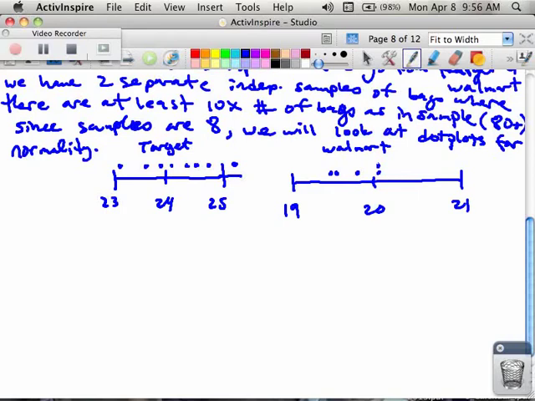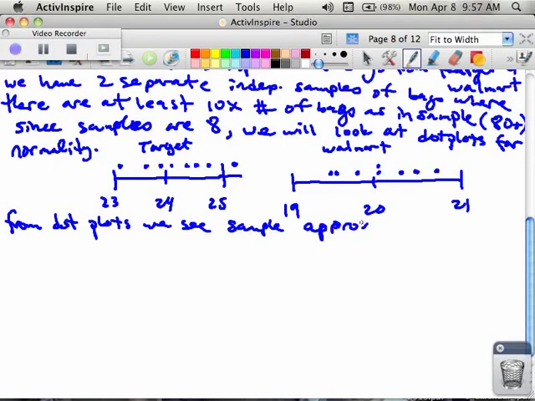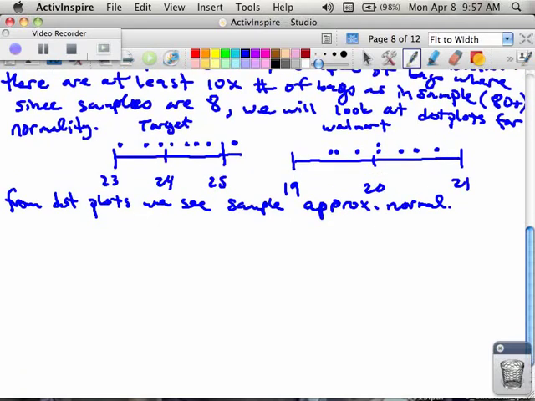Does that look right? As I look at both of these plots, they look approximately normal. It doesn't look like there's any outliers. So from dot plots, we see samples approximately normal. So now we do the math.